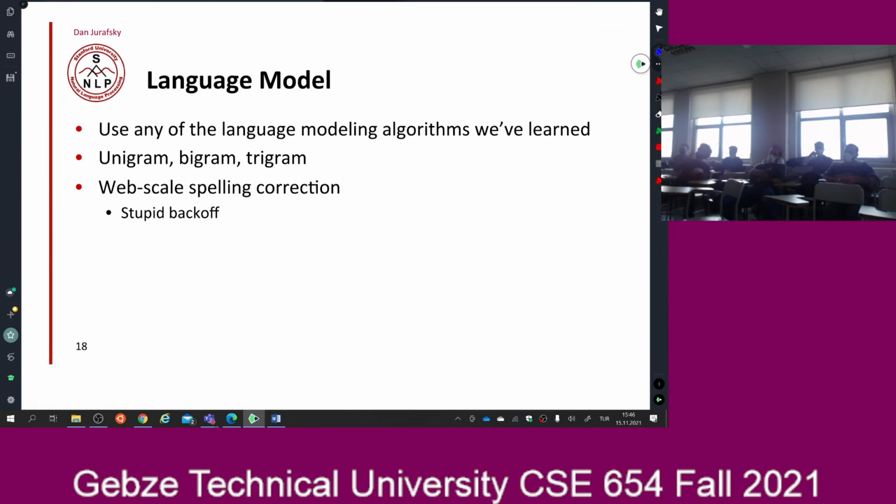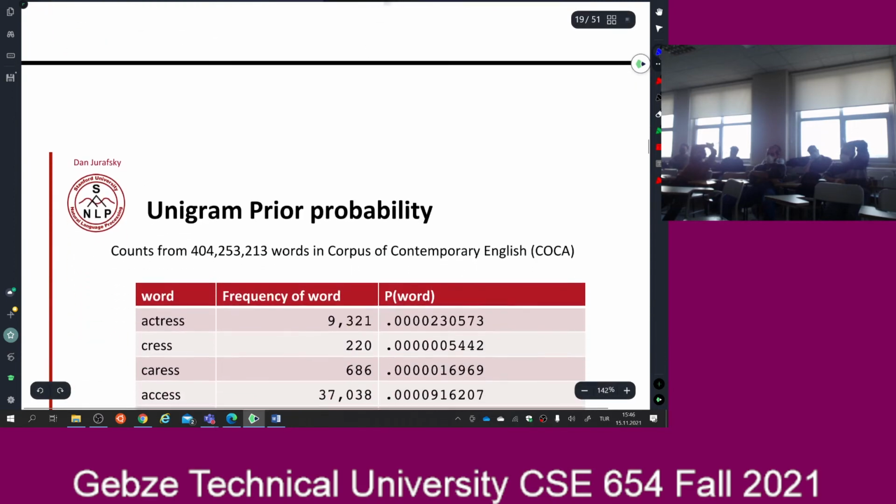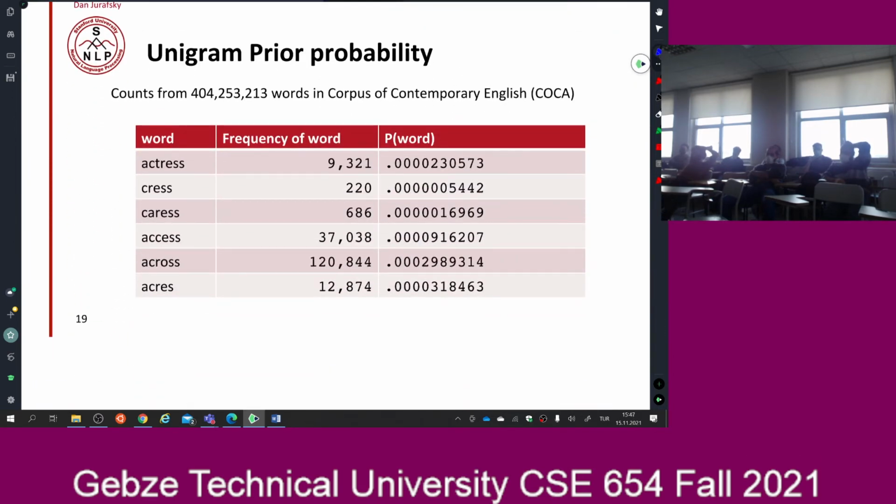While we are dealing with this kind of problem, of course, we are going to use language models: unigram, bigram, trigram models, and that will help us a lot, and we are going to see it. So let's look at this unigram probability. If I am going to make my decision by looking at the unigram probability, it looks like out of all the candidates, the one-edit-distance candidates, all six of them, the frequency of across happened a lot.